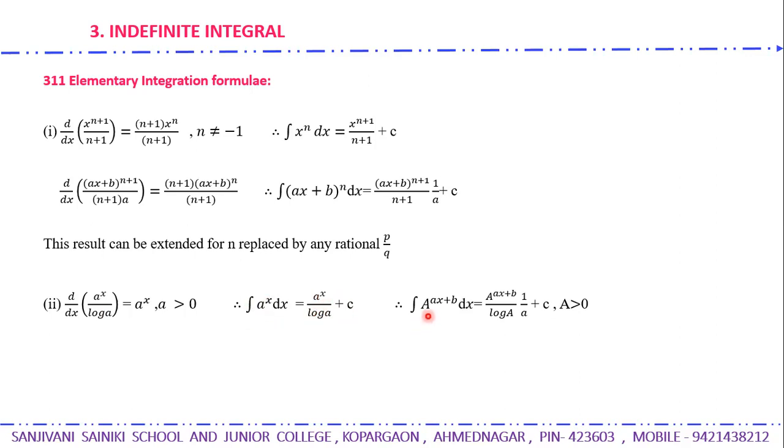Now I replace this x by ax plus b. Now a will be confusing, so I write one a as capital A, to the power ax plus b. Then A raised to ax plus b upon log of A into 1 upon a. So the coefficient of x, we divide in the integral. Now d by dx of e raised to x is again e raised to x. So the integral of e raised to x is e raised to x plus c.